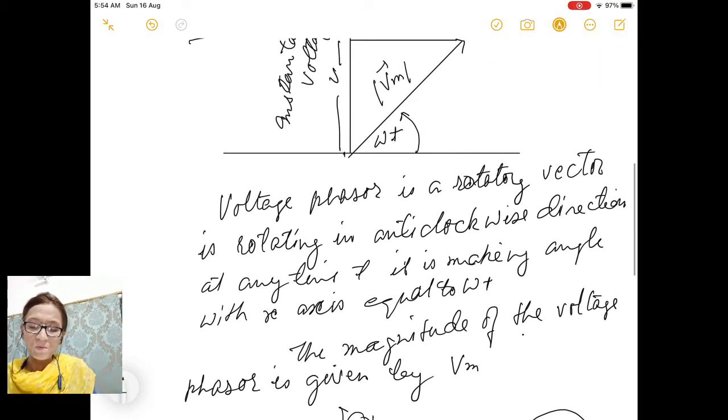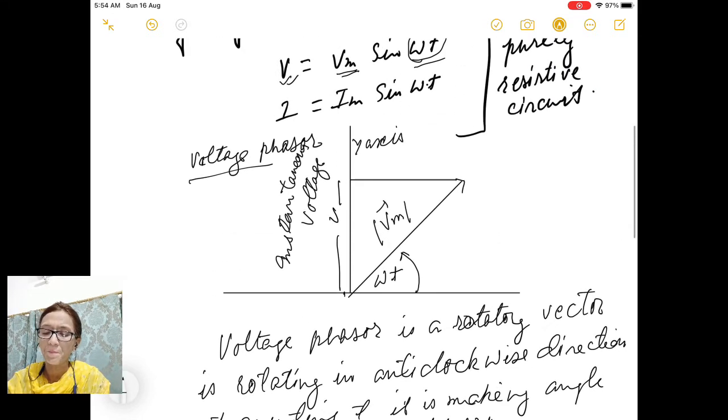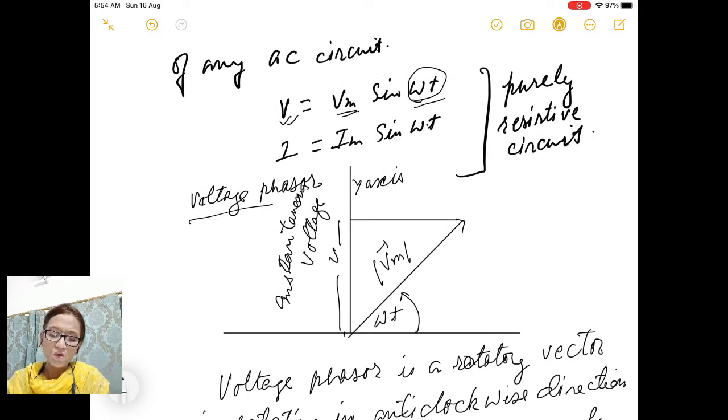So now it would be clear to you, and it will help in the analysis of current in any AC circuit, in LCR circuit. This was your voltage phasor.